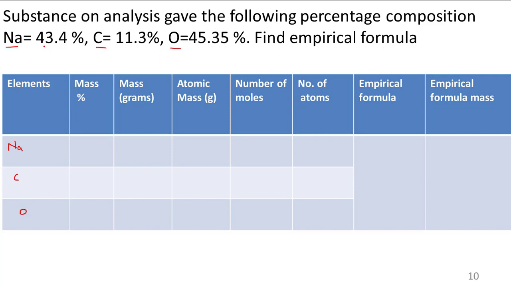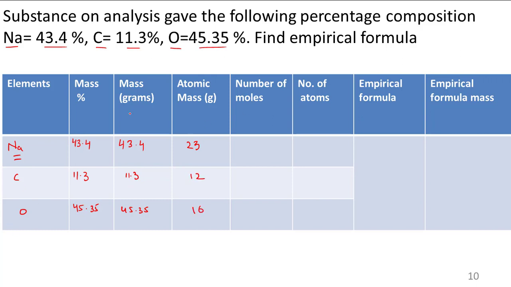Its mass percentage of sodium is 43.4, carbon is 11.3, oxygen is 45.35, and the mass in grams will have the same value as the mass percentage: 43.4, 11.3, 45.35. Now the atomic mass of sodium is 23, carbon is 12, oxygen is 16.